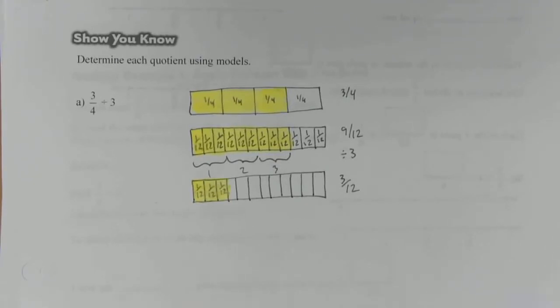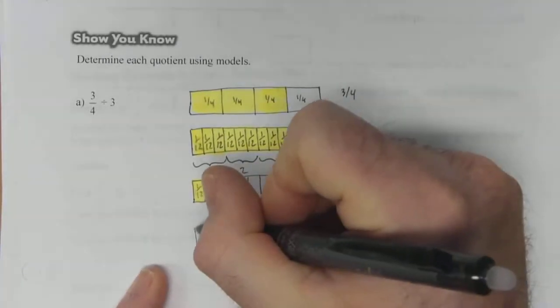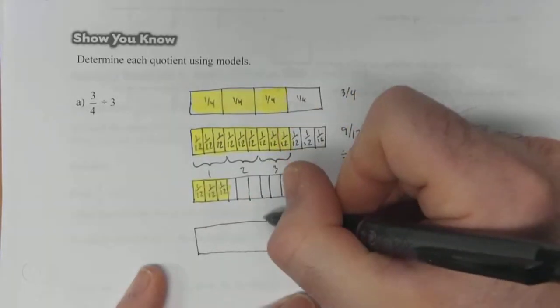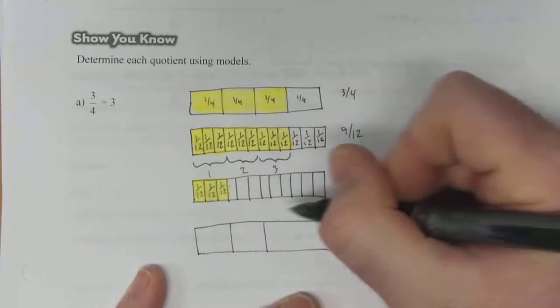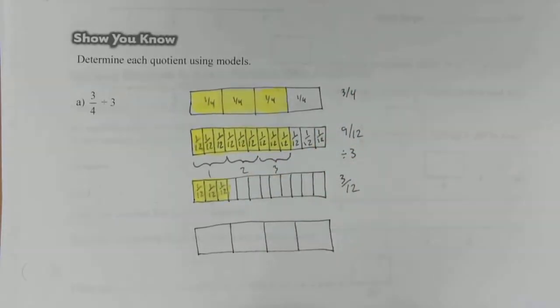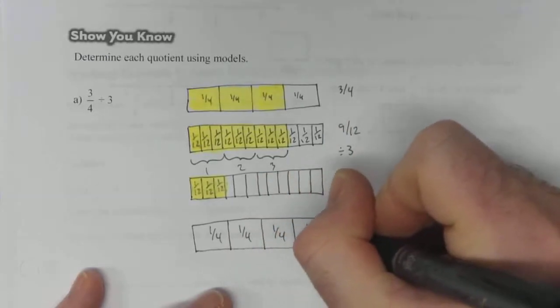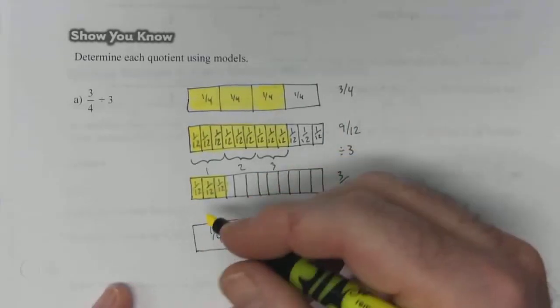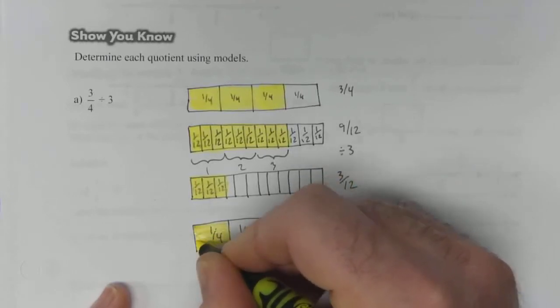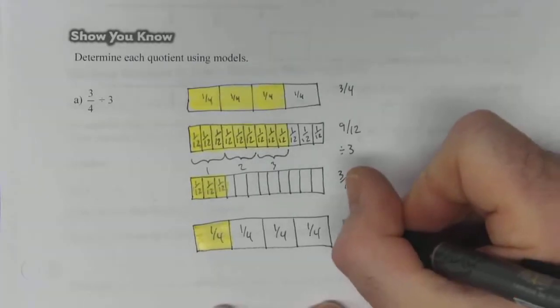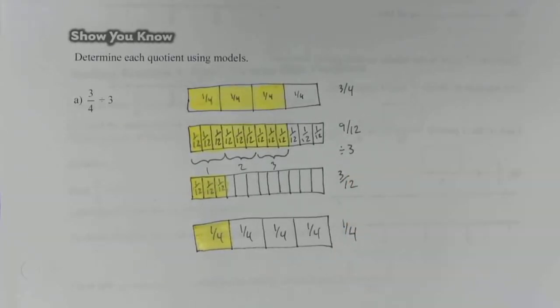Now in this particular case, that's actually not lowest terms. We can actually go back to quarters in this particular instance. And that's 1/4.